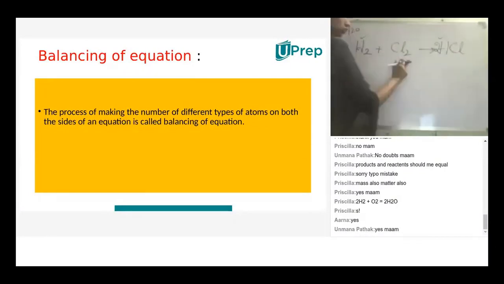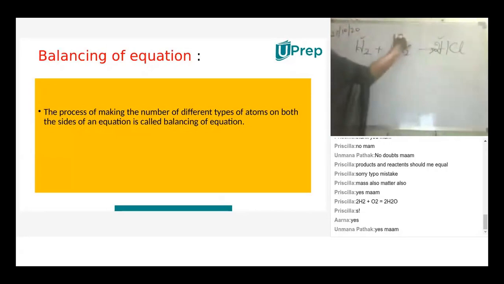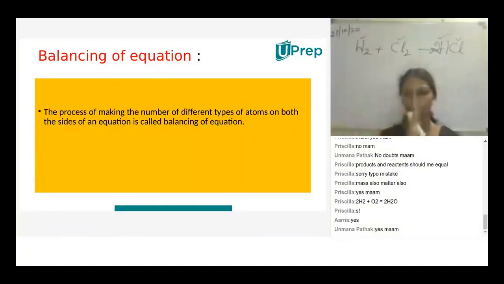Here chlorine is 2. Here chlorine is nothing but 2 into 1, 2. The equation is balanced. If you write 2 or any number before the compound, before the formula, that number applies to the entire compound, like how we take the common factor with fractions. In the same way here 2 is common for both.